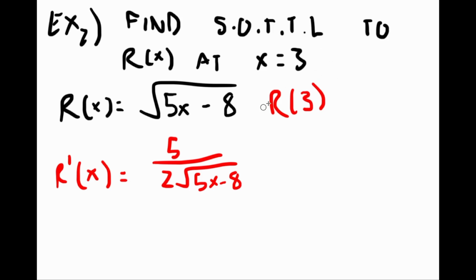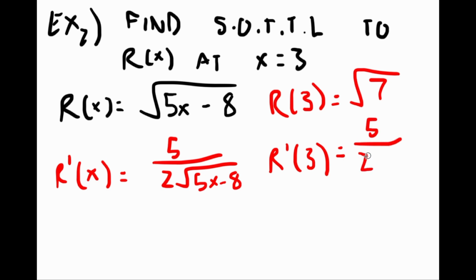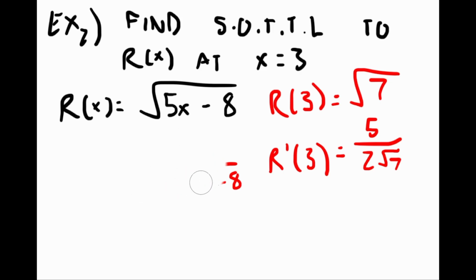So r of 3 is equal to square root of 7, and r prime of 3 is going to be equal to 5 over 2 square root 7. Let me erase this for now, because we got what we need for the equation that we're going to plug these values into.